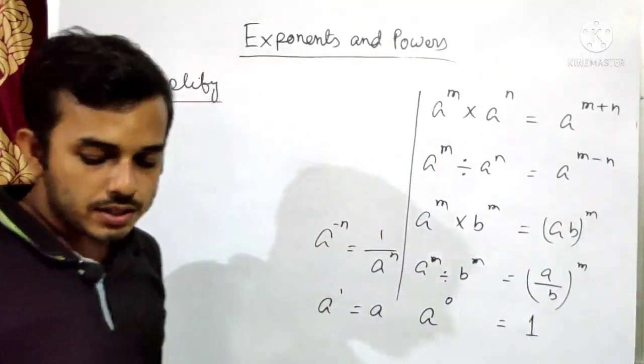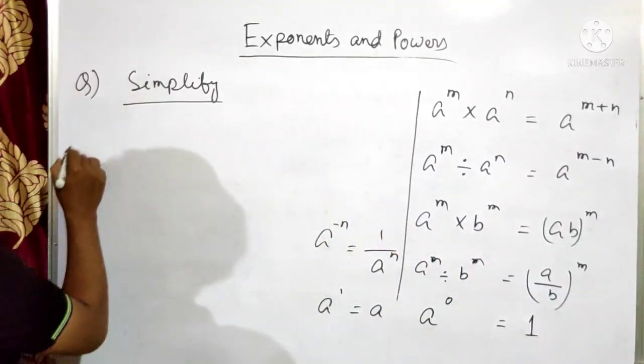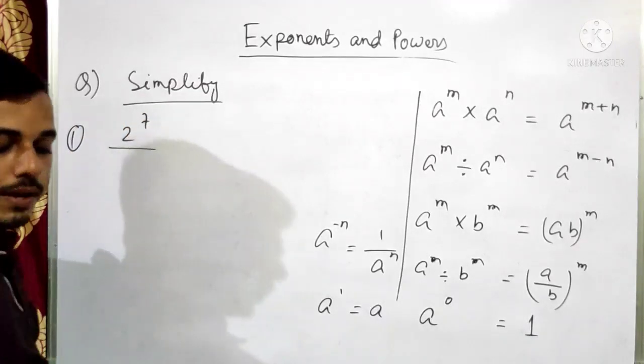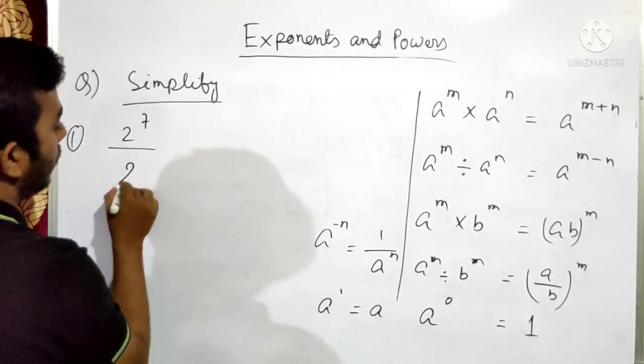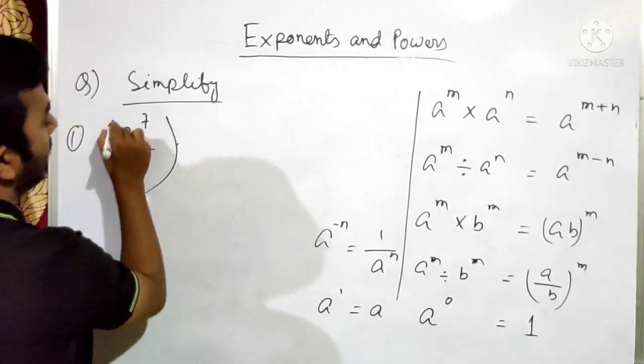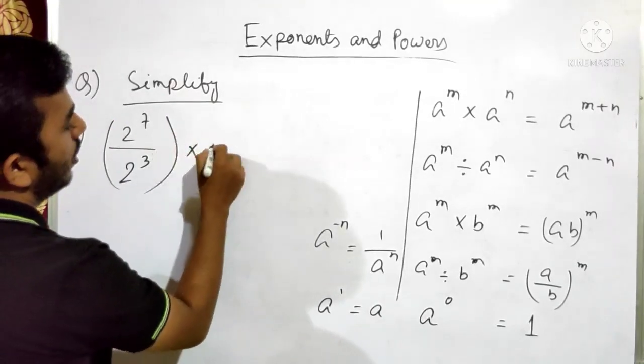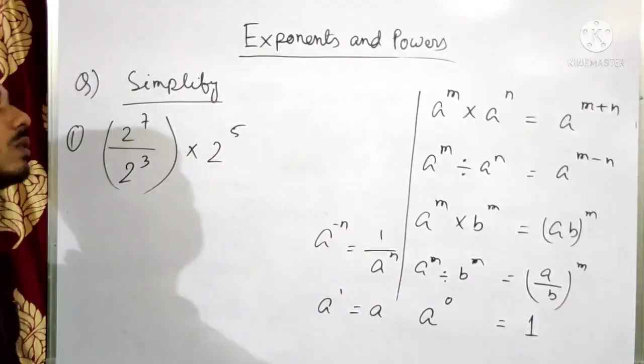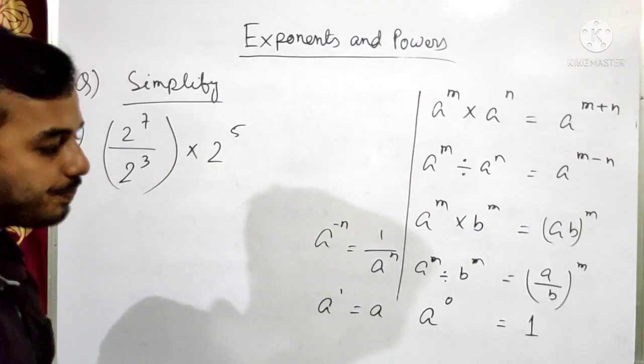Okay, so the first question, number 1, is 2 power 7 divided by 2 power 3, bracket, into 2 power 5. Clear? Look at how we can solve it.